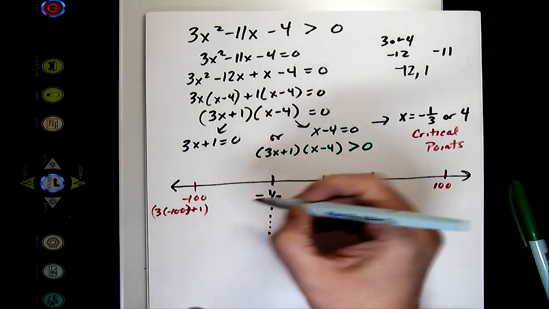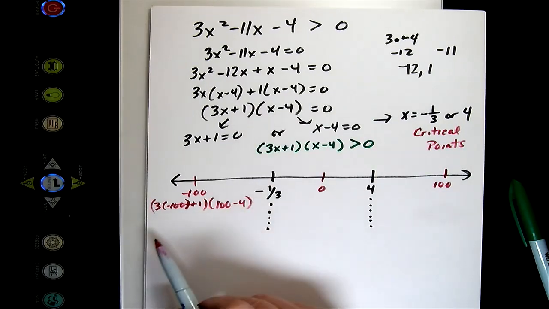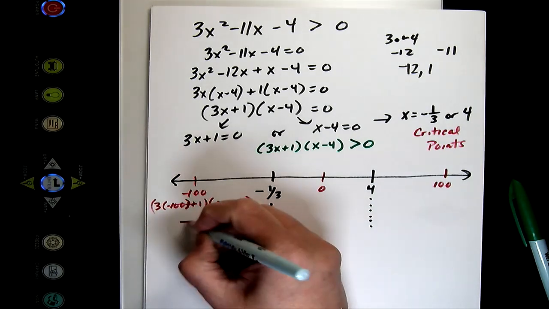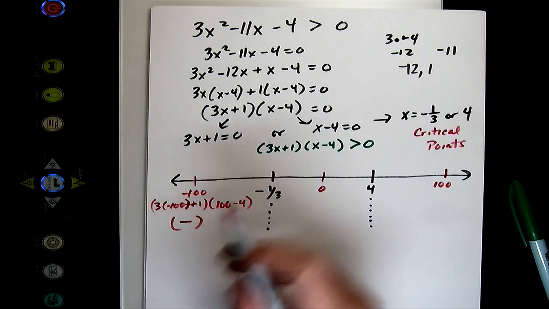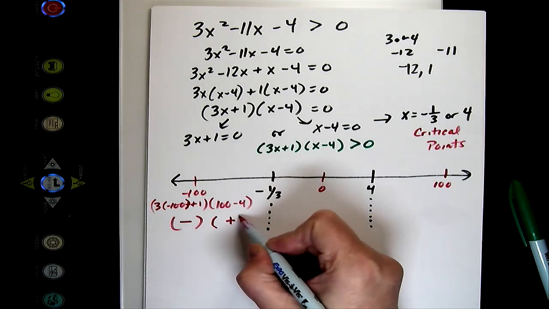And then 100 minus 4. 3 times negative 100 is a really big negative number, and then I add 1 to it. That parentheses is negative. 100 minus 4, it doesn't matter that it's 96. The important part is that it's positive.